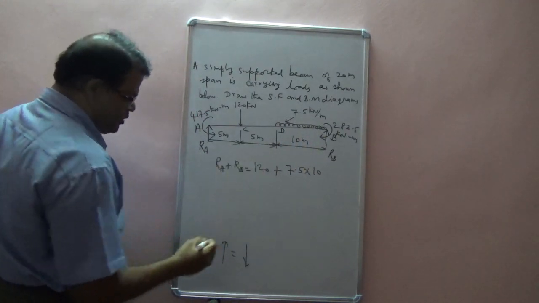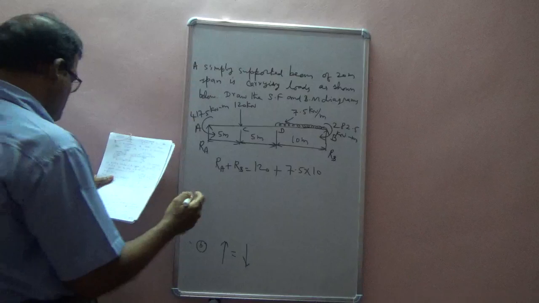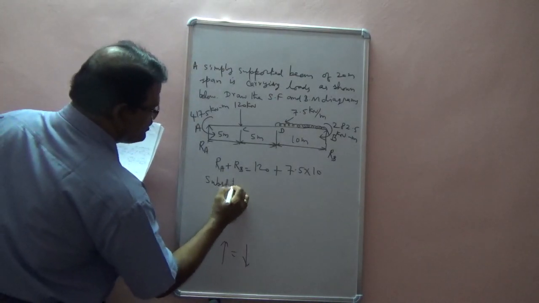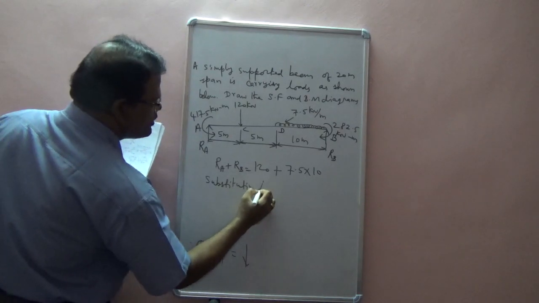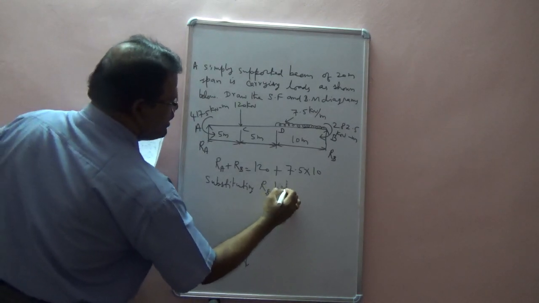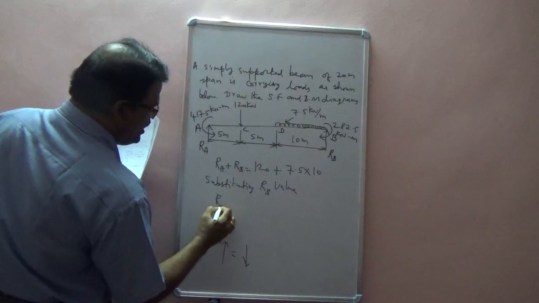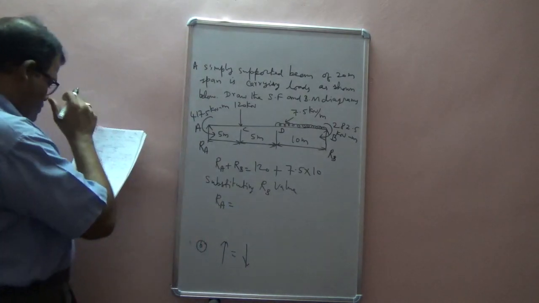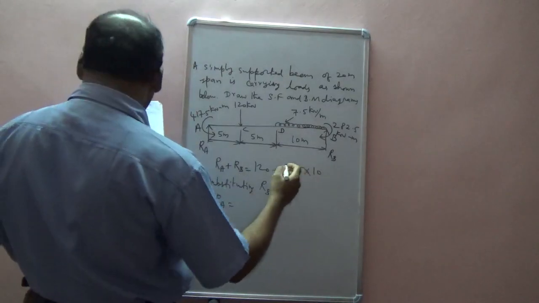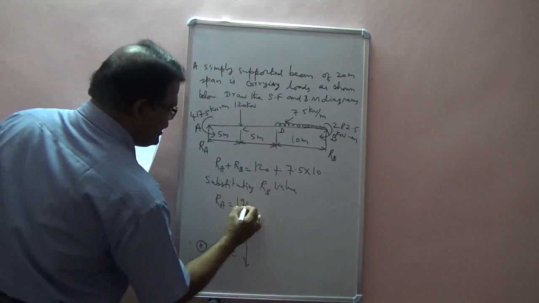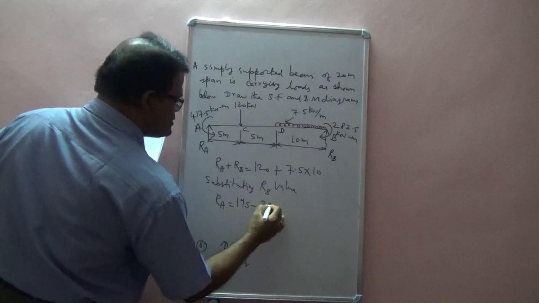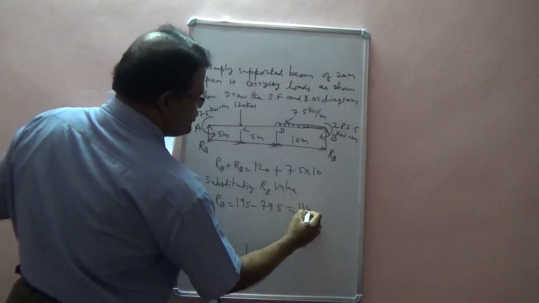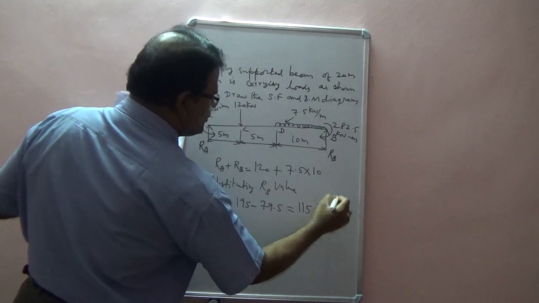Therefore, substituting the RB value, RA will be equal to 195 minus 79.5, which is 115.5 kilonewton.